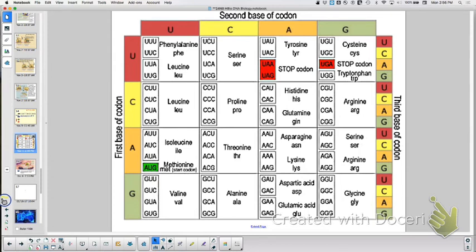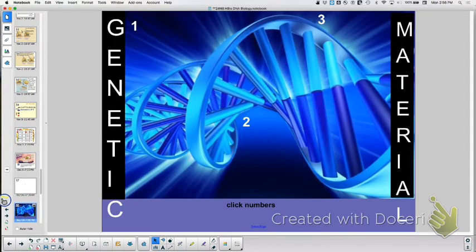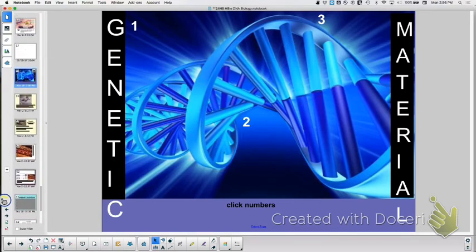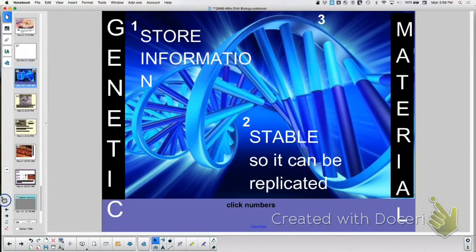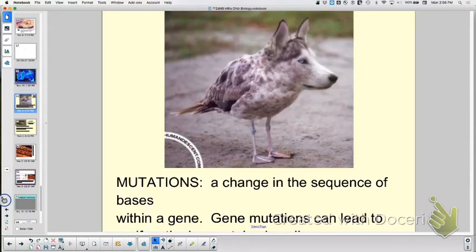Then the next part we talked about is the genetic information. We said, number 1, it has to be able to store information, it has to be stable, and it has to mutate. Mutations are a normal part of life.